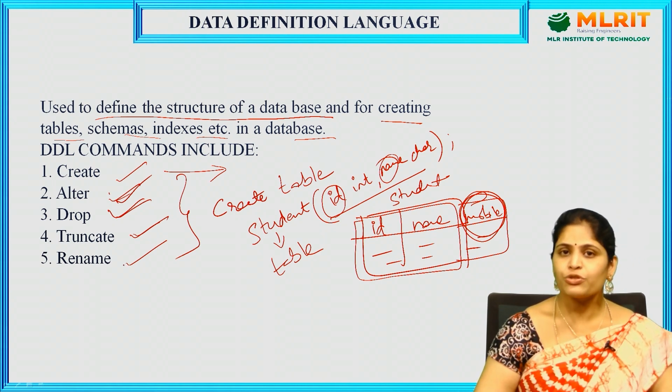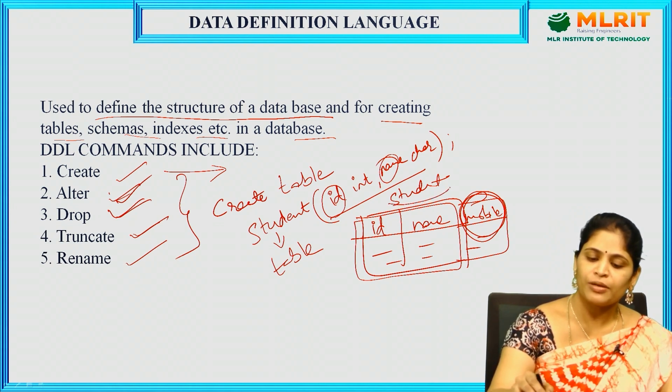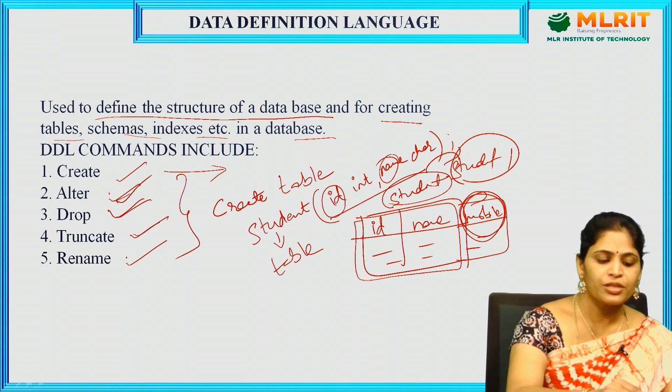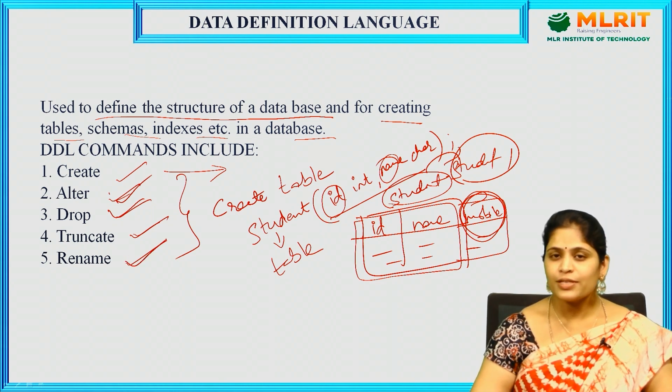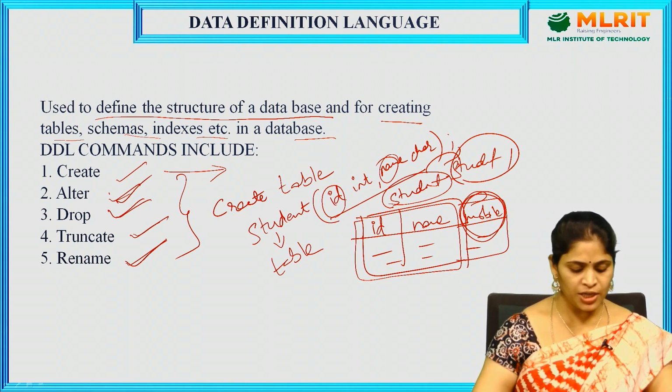If I want to rename a table, for example, the table name is currently student, I can rename student to student1 by using the rename command. So these are the five different types of commands in DDL, data definition language.